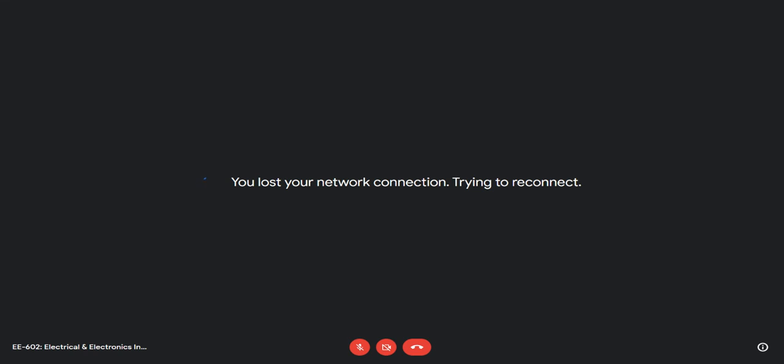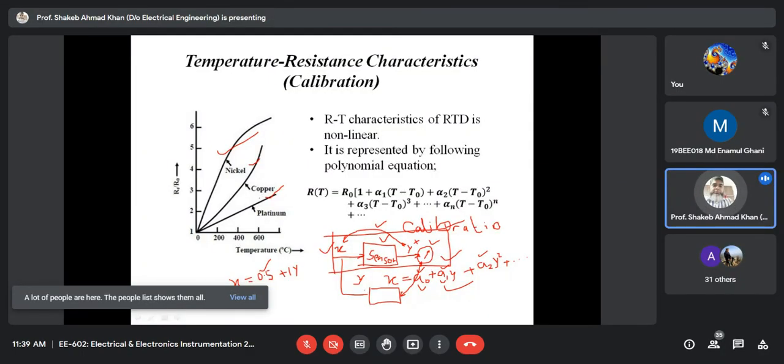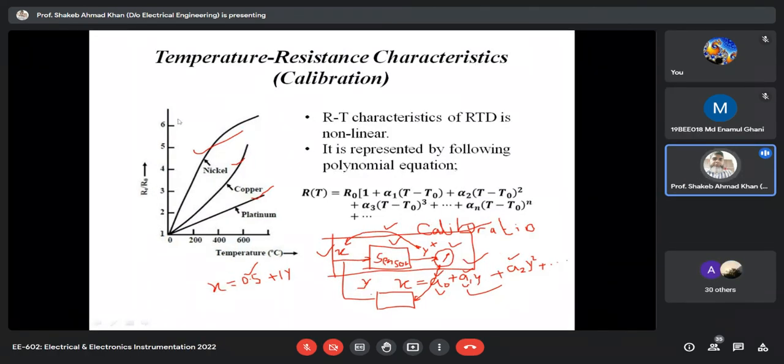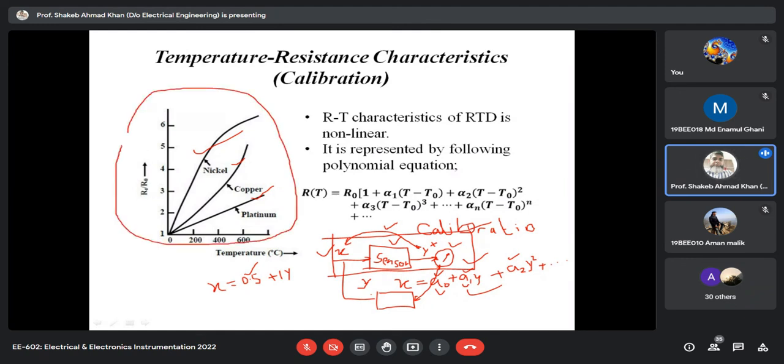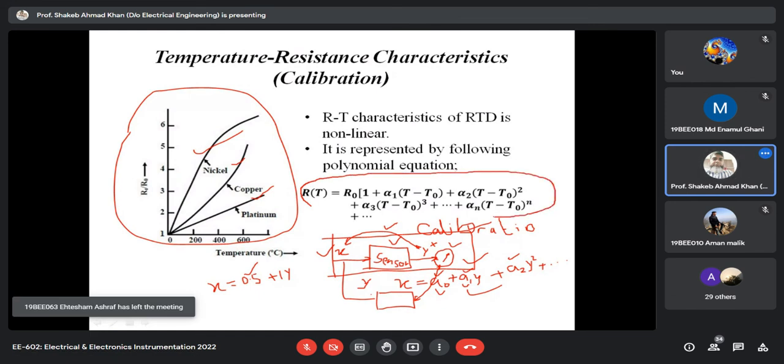Calibration is basically the process by which the response, and all of them are not linear, I mean, they are not a straight line, all of them are non-linear, and this is the graphical representation and this is the mathematical representation of these curves.